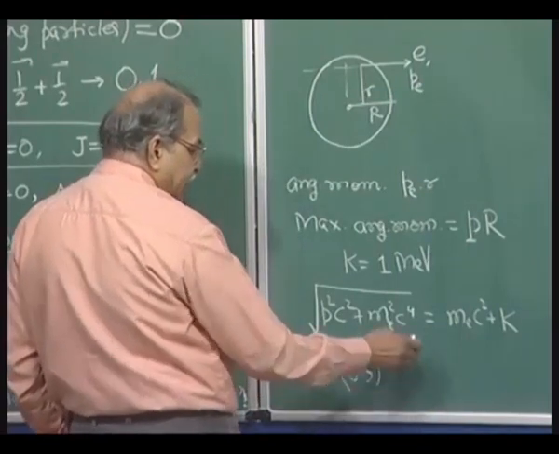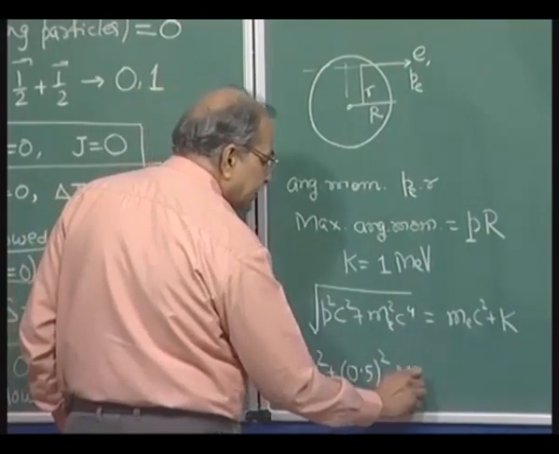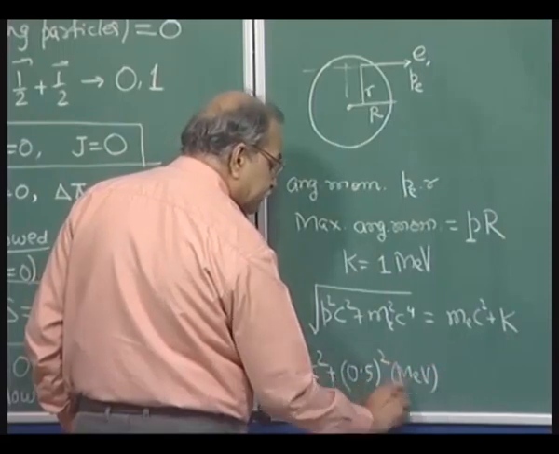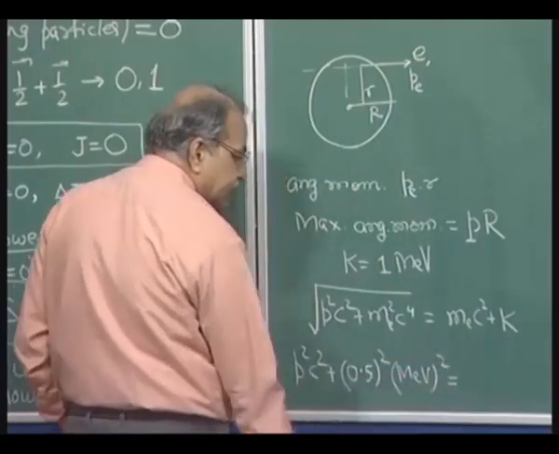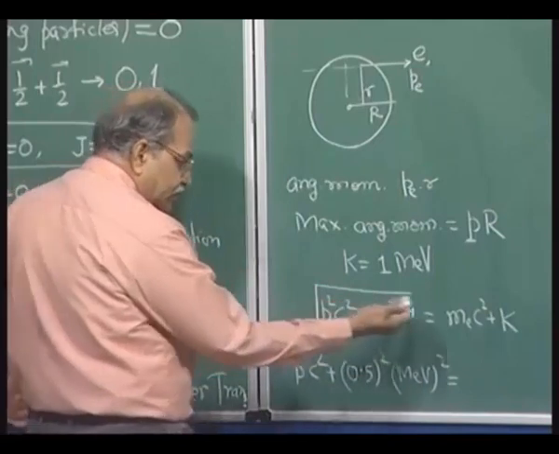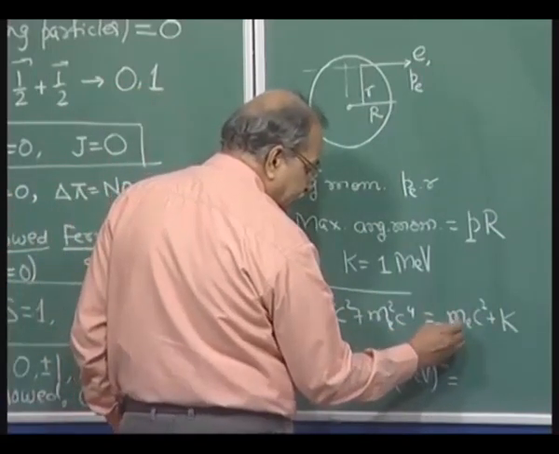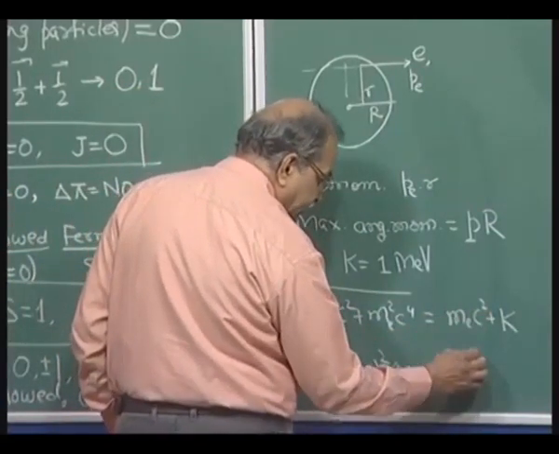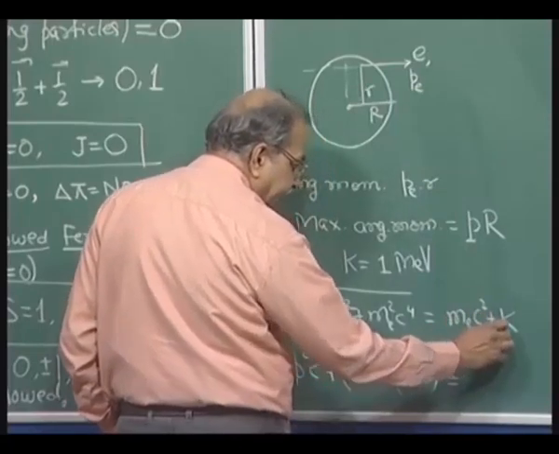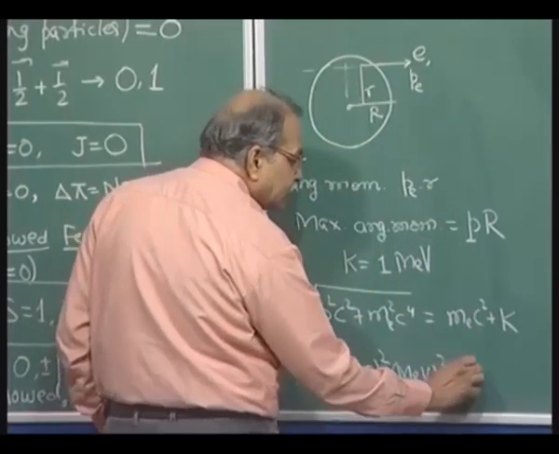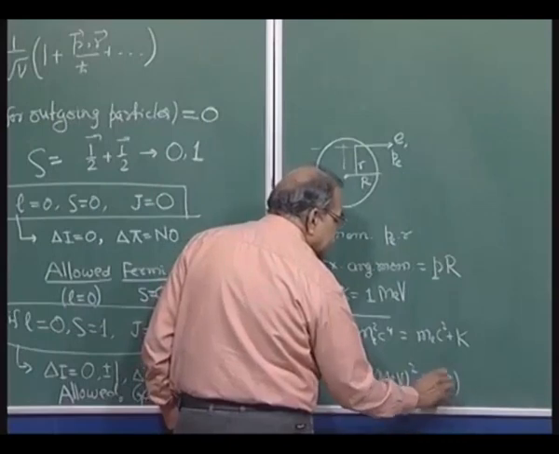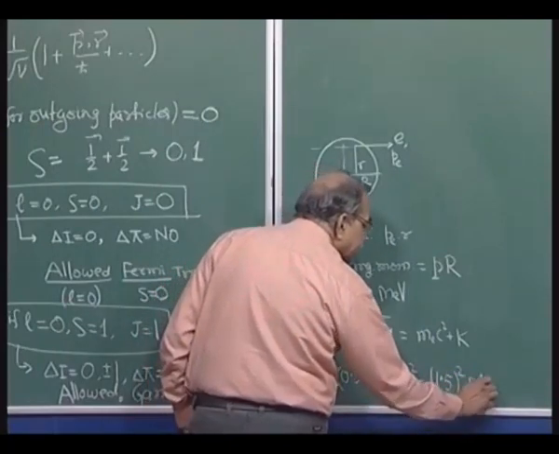So, this is MeV square. Okay, let me write MeV square. Units also let us carry, and I have already squared it. So, here also you will have to square. So, m E C square is 0.5 and K is 1 MeV I am taking. So, it is 1.5 square MeV square.